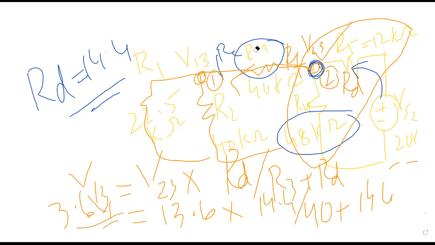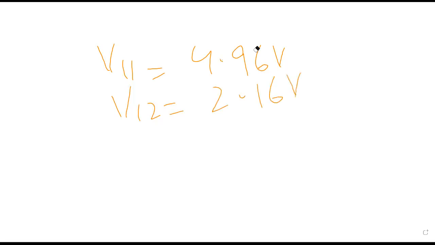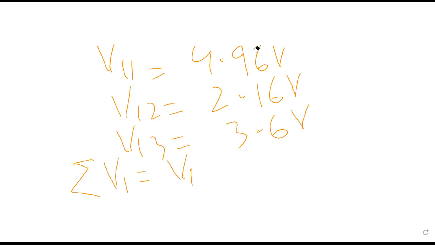So now the value of V11 we calculated as 4.96, V12 equals 2.16, V13 equals 3.6. So we have to find V1 equals the summation of V11 plus V12 plus V13.